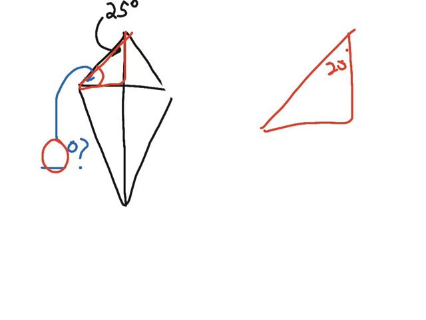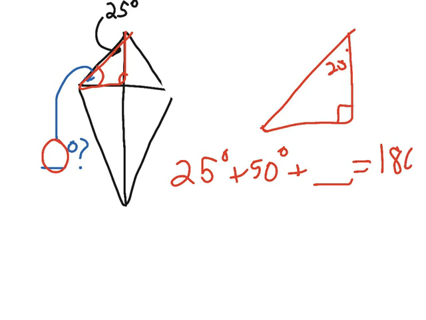From the theorem list, we're supposed to remember that the diagonals in a kite are perpendicular, which means that this is a right angle, which means that 25 degrees and 90 degrees plus the angle we're looking for, what should they add up to? Well, this is a triangle, and all the angles in a triangle add up to 180 degrees.